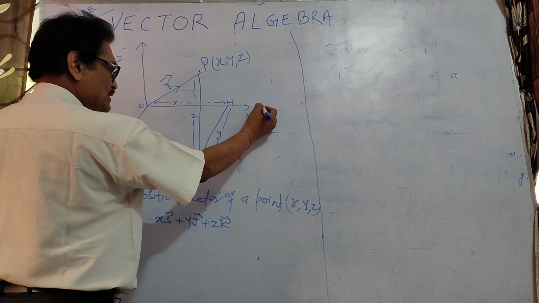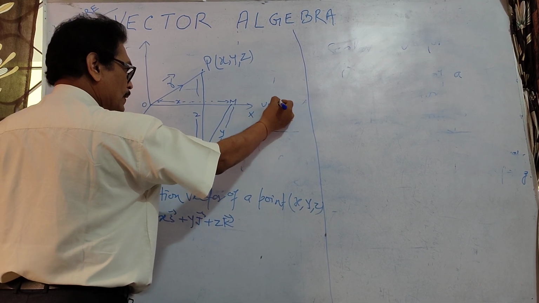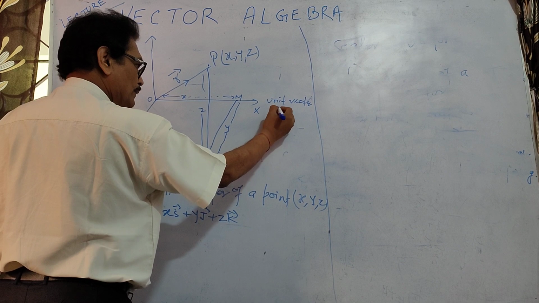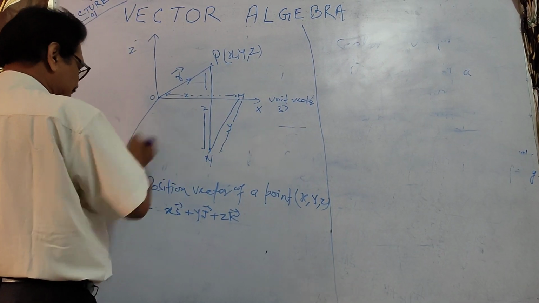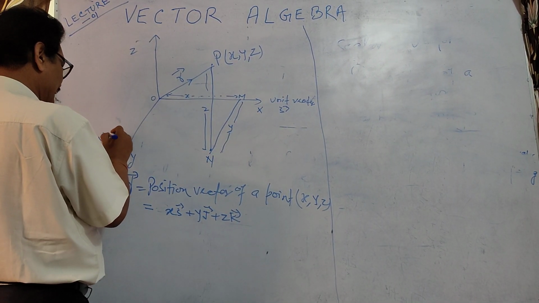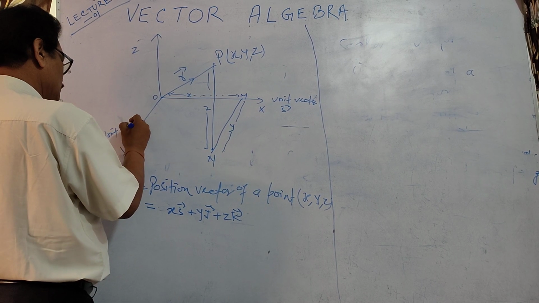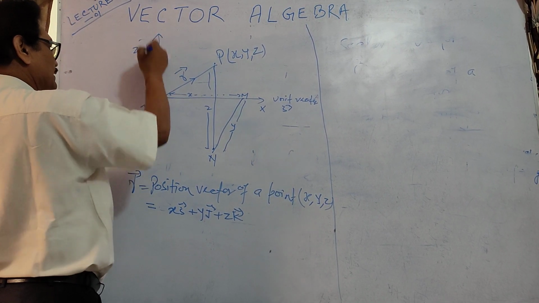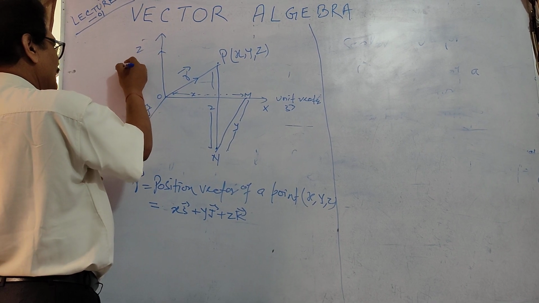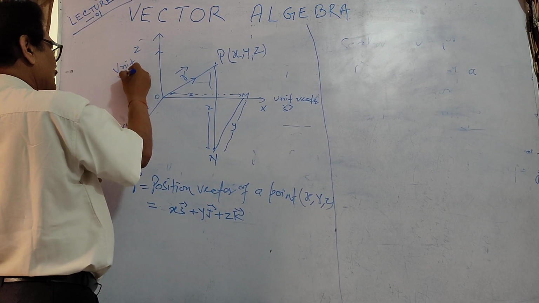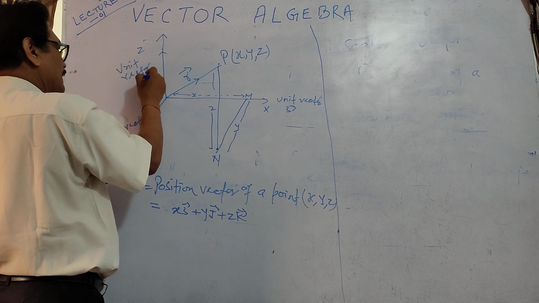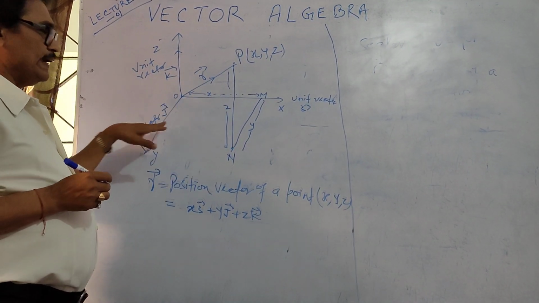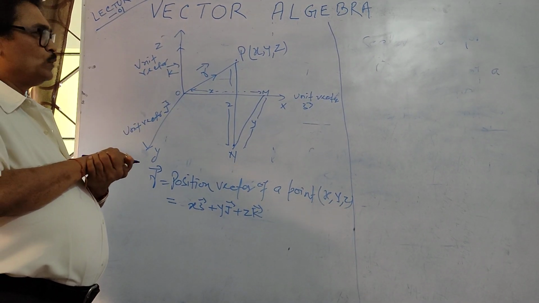In x-axis, unit vector is i. Along y-axis, unit vector is j, and z-axis unit vector is k, and i, j, k are mutually perpendicular.